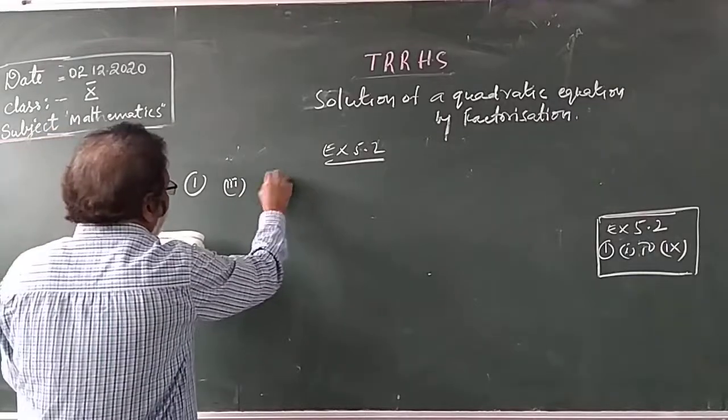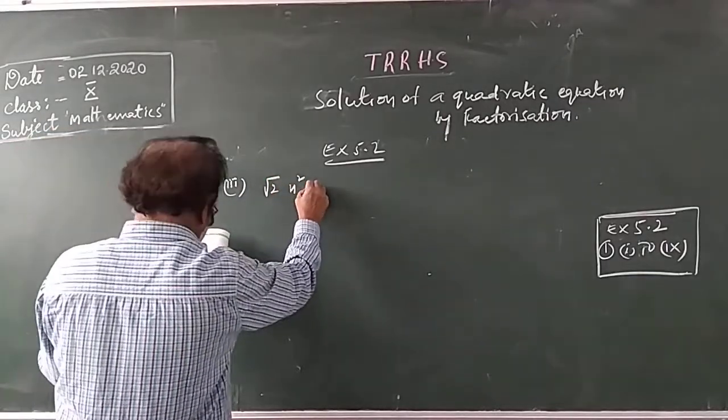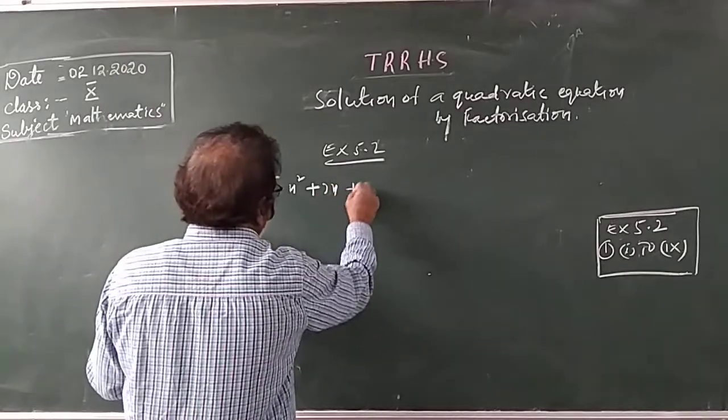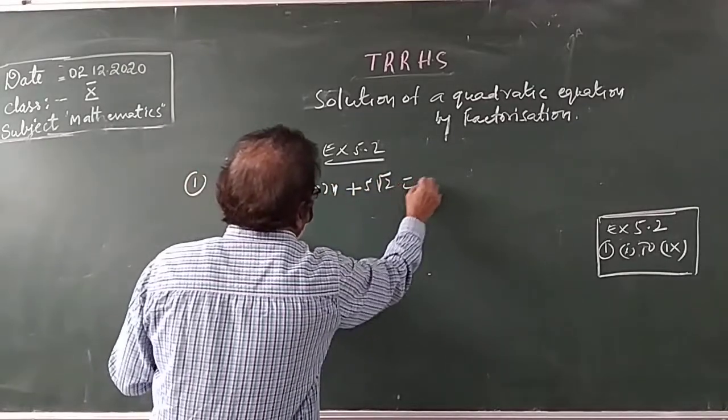Root 2 x square plus 7x plus 5 root 2 equal to 0.